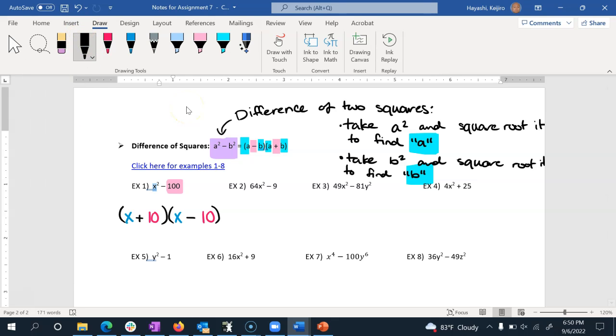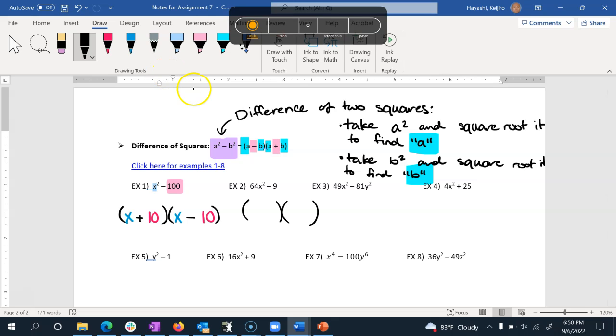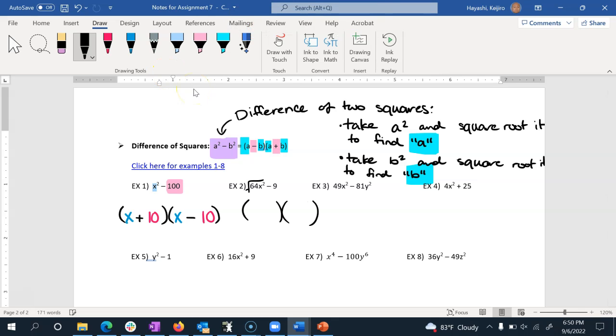Okay, is example 2 a difference of two squares? Okay. What is the square root of 64x squared? 8. Right, so the square root of 64 is 8.